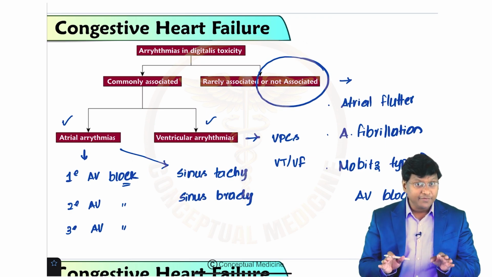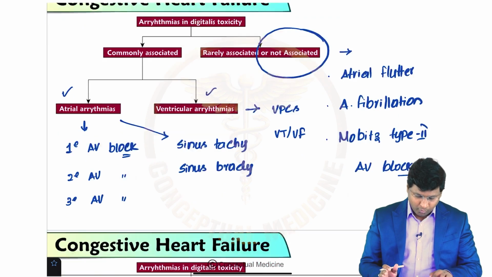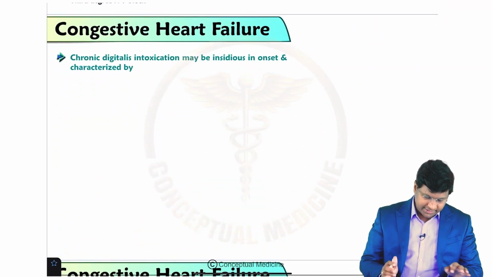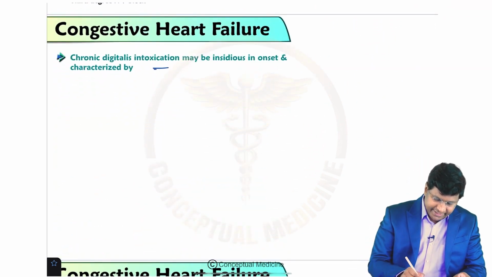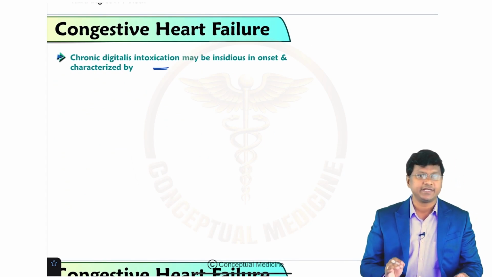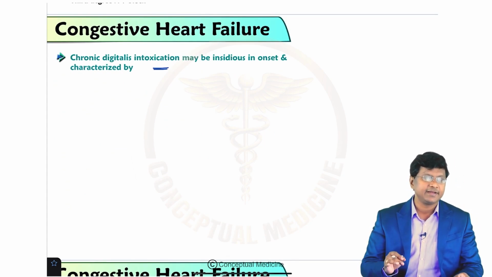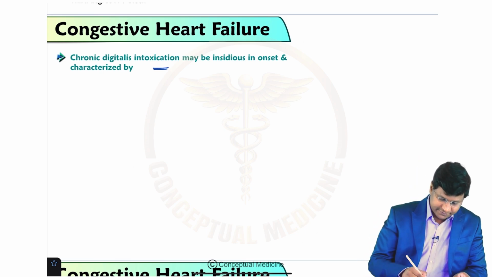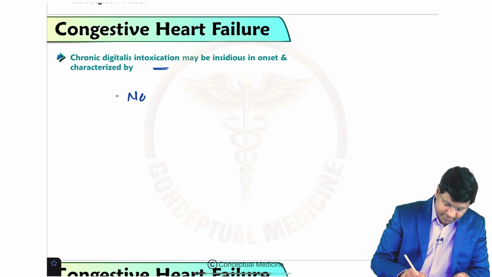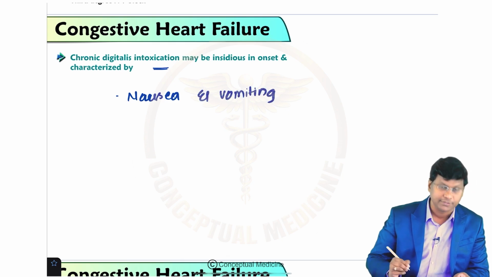So apart from arrhythmias, what is chronic digitalis intoxication associated with? It is characterized by nausea and vomiting, which I told you are the earliest manifestations in patients with heart failure.